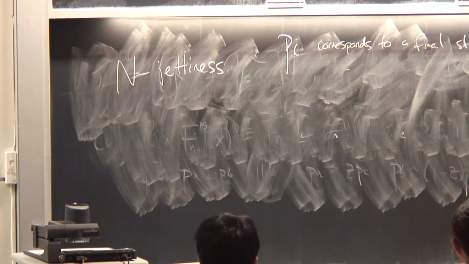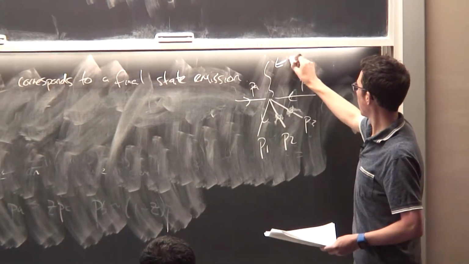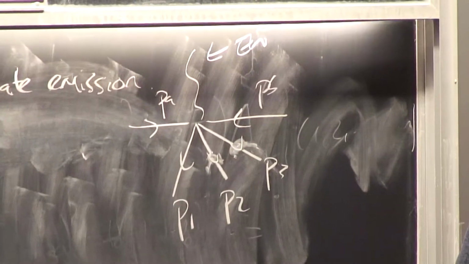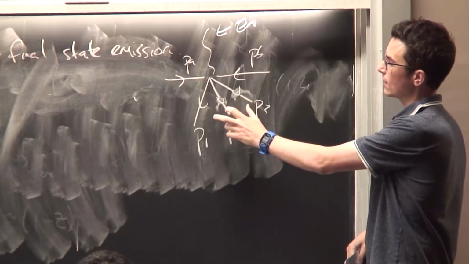So for us, at next-to-leading order, we have two beams, P_A and P_B, and then we have potentially 3 final state partons for a 1-jettiness. So we'll just think about a 1-jet event to make our lives easier. So this is electroweak stuff, and then this is a 1-jet event at next-to-next-to-leading order in the double real.